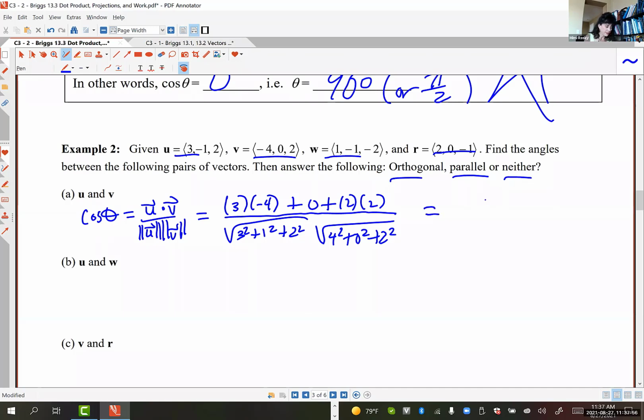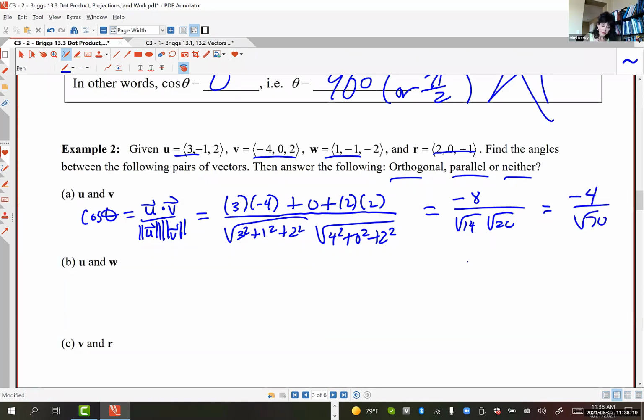That looks like -8 all over square root of 14 times square root of 20. You can clean this up a little bit if you want, although you don't have to. If you reduce this to lowest terms, I get -4 over square root of 70.